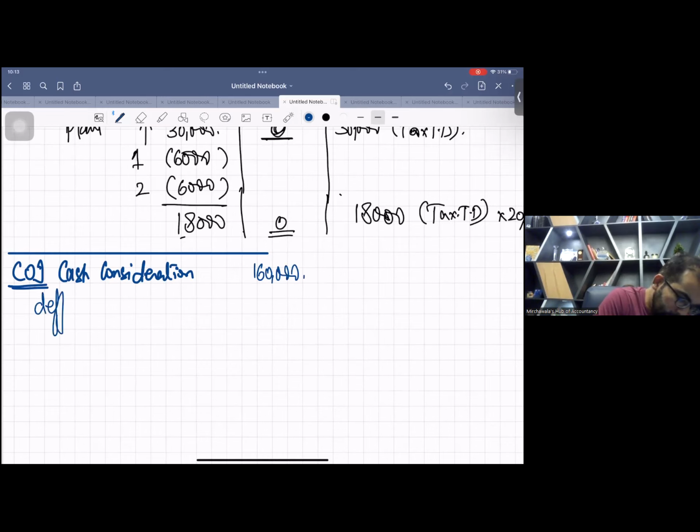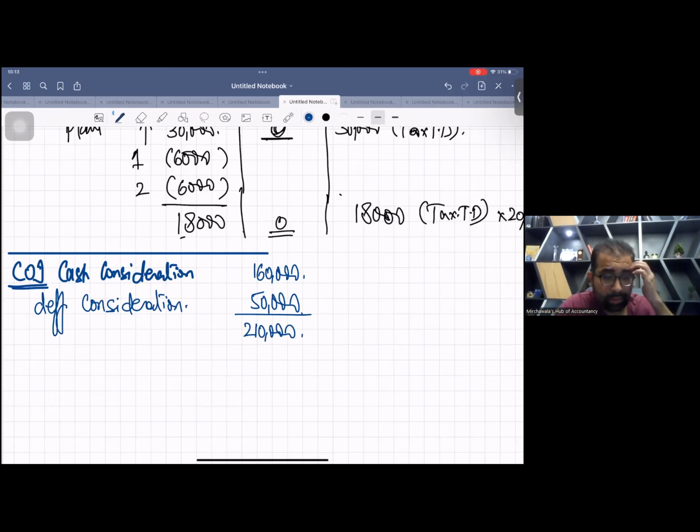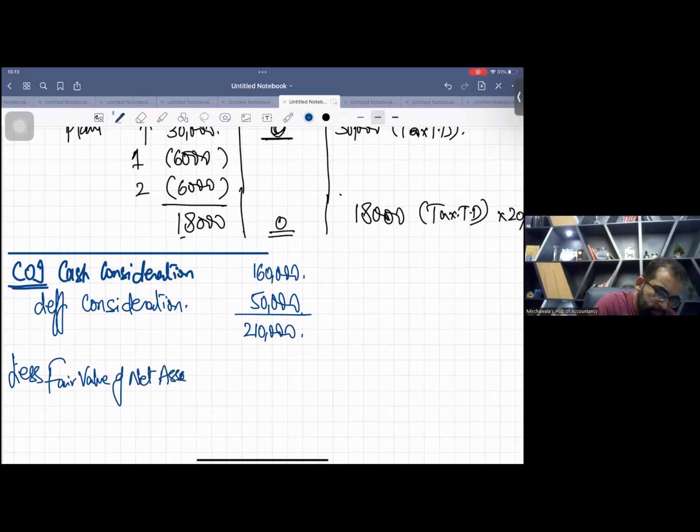Then we have deferred consideration, which was 50,000, my dear students. So this makes 210,000 your cost of investment. I have already taught you this. Now, there is no need to add fair value of NCI at acquisition. You will directly go like this, and less fair value of net assets of Beta. The name of the subsidiary is Beta.